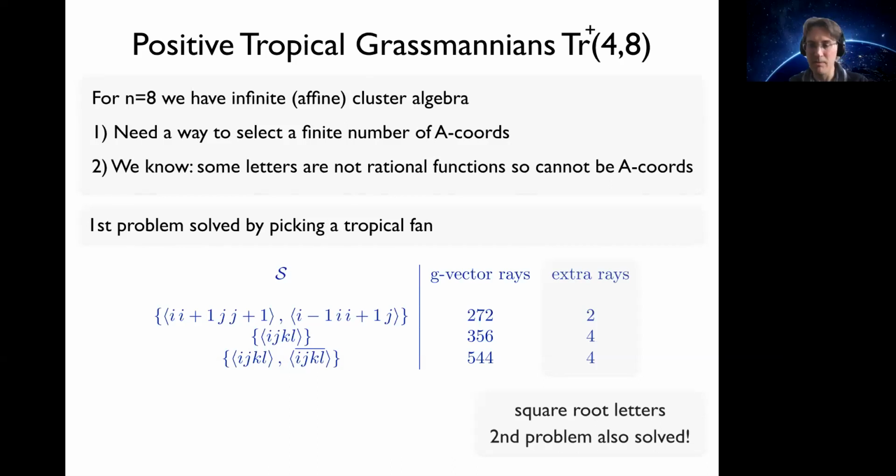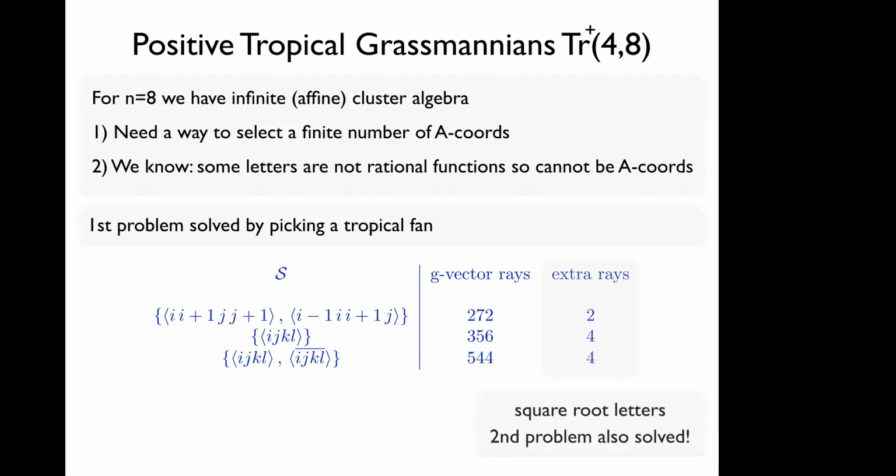Yes, maybe it's worth saying the other fans in this list have more extra rays, and so there are other affine sequences that asymptote to those. And presumably you can pick even more refined fans by picking bigger sets of A coordinates, and they might yet have extra rays. We haven't investigated that, but there are certainly other infinite limits. You're right that those are not the only affine sequences.